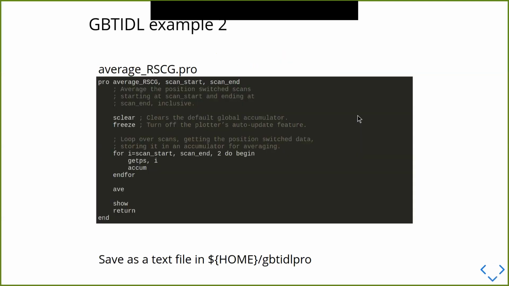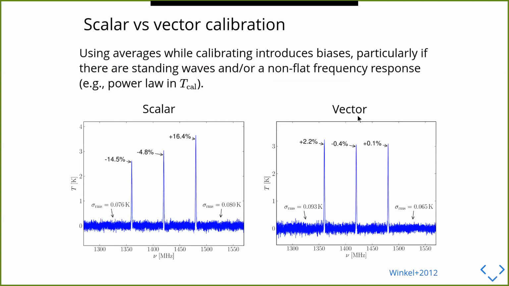Okay, so that's for that. I'm just going to skip this. If you go into Benjamin Winkel's article where he describes the calibration, he mentions the importance of using a vector calibration to minimize artifacts across large bandwidths, or when you have crazy standing waves.